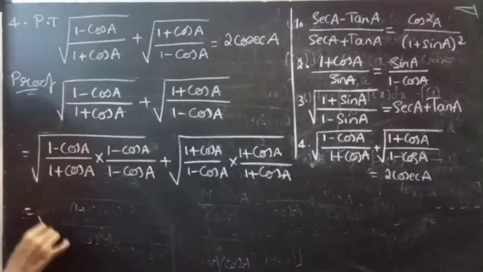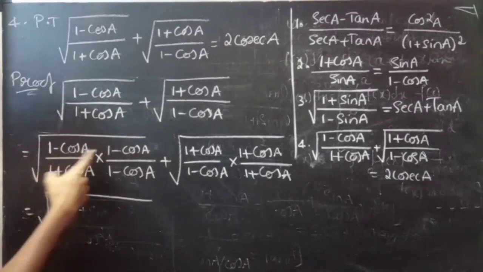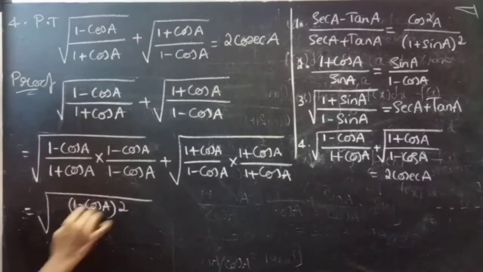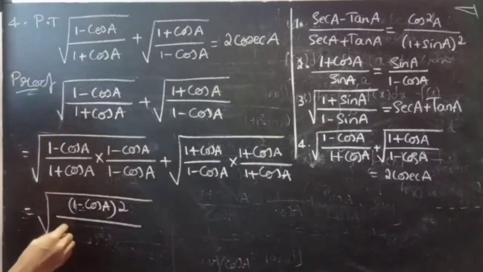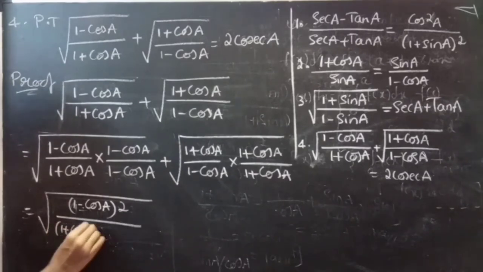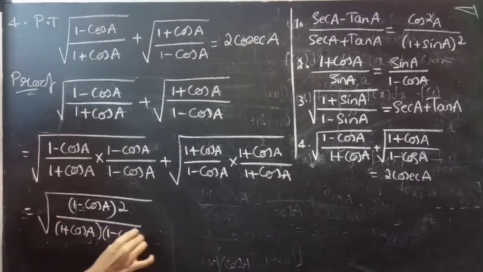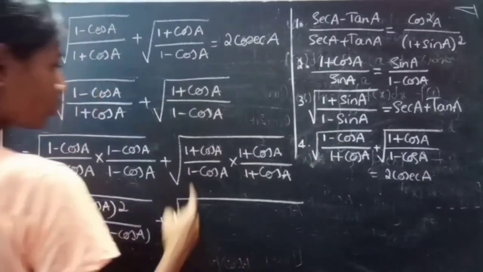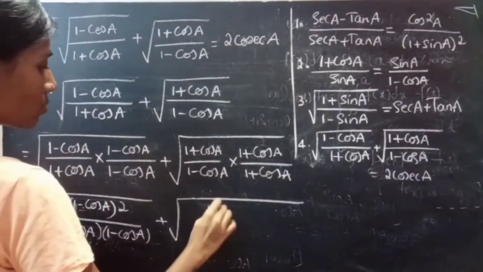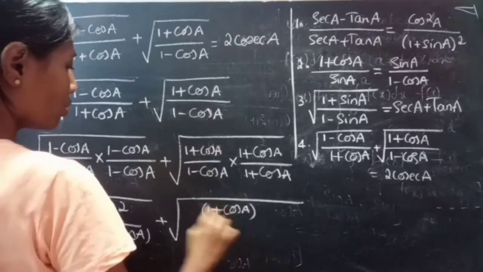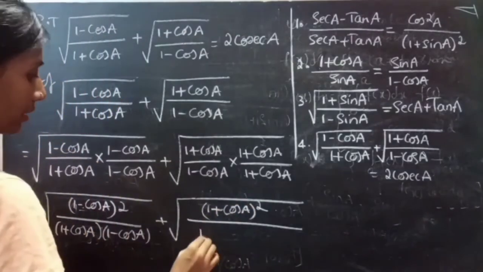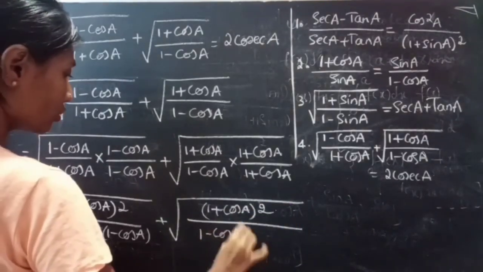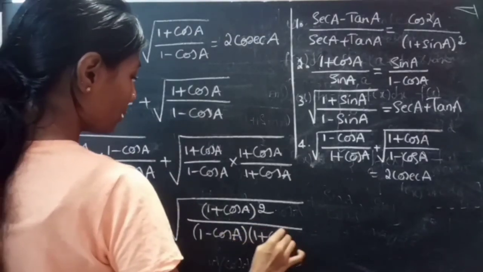So this equals root over (1 minus cos A) into (1 minus cos A), which is (1 minus cos A) whole square, divided by (1 plus cos A) into (1 minus cos A), plus square root of (1 plus cos A) whole square divided by (1 minus cos A) into (1 plus cos A).